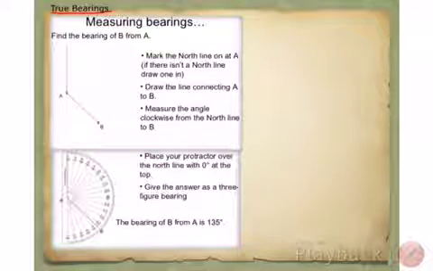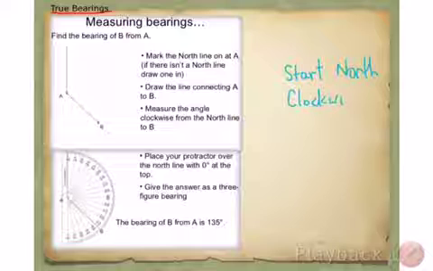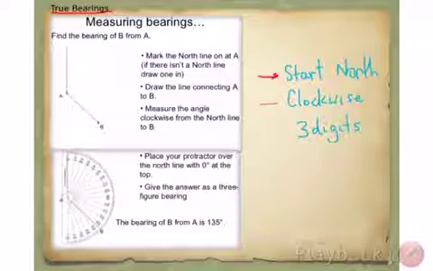So the steps are: start at north, facing north, measure clockwise, and you must have 3 digits. So if it was like 43 degrees, you would have to put an extra 0 in the front.